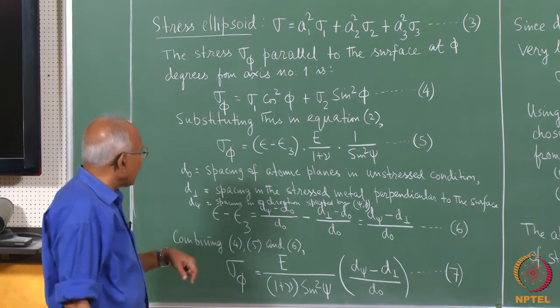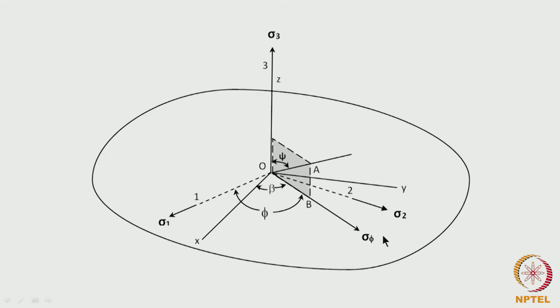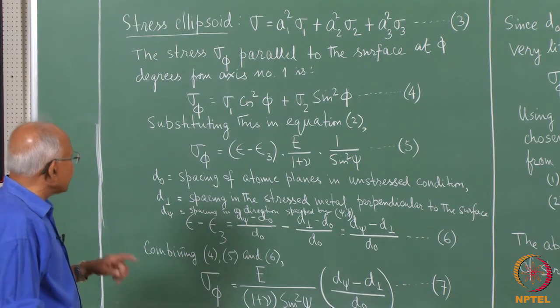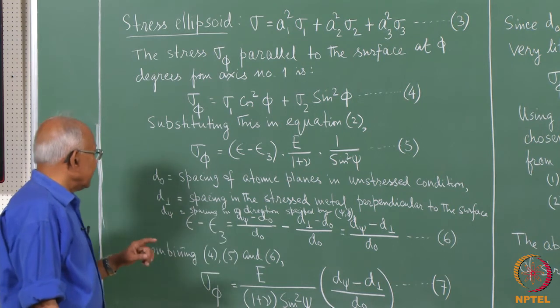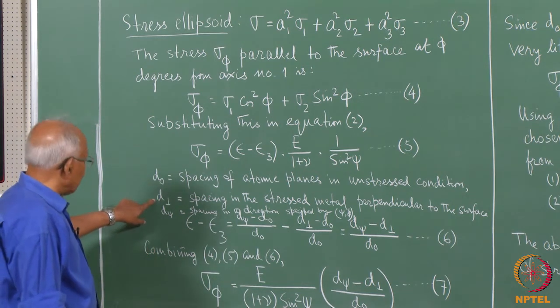So, essentially what we are doing here, if this is the free surface, and if we have the X-rays incident on the surface in a perpendicular fashion, and if from a suitable grain with the atomic planes we can measure the interplanar distance, then that will be d perpendicular.